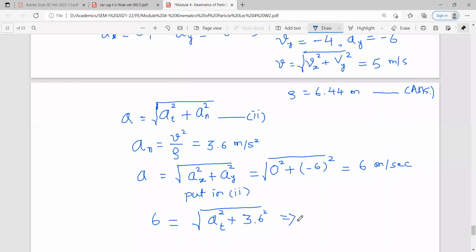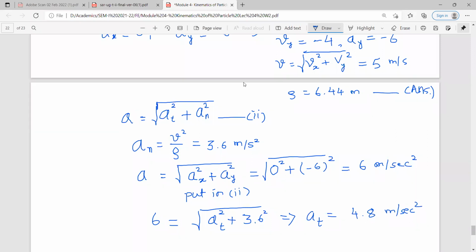So from here you can find out the tangential component. Now find out how much it is. 4.8. 4.8 is the right answer, and this acceleration has the unit meter per second square.